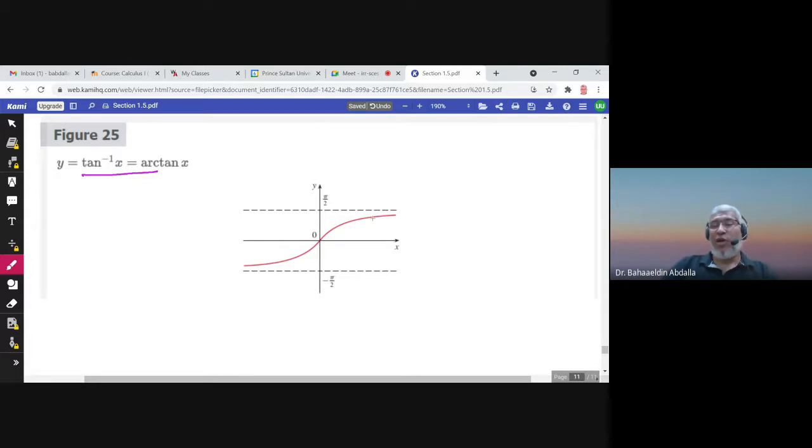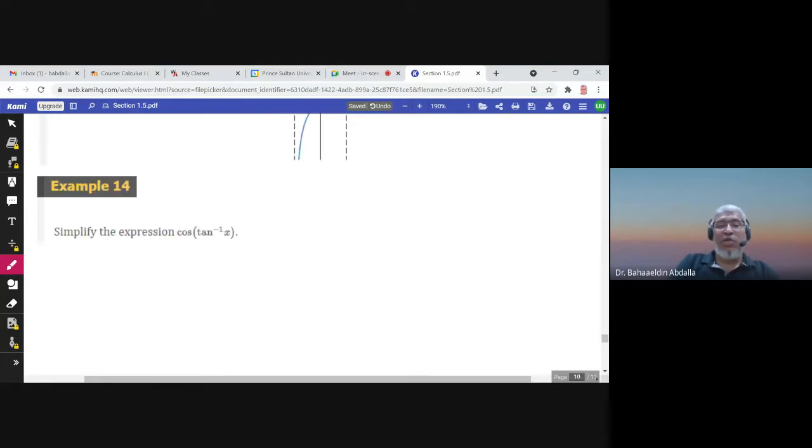Notice that the line y equals pi/2 is a horizontal asymptote, and y equals -pi/2 is a horizontal asymptote. And we understand from this graph that tan inverse of x is always between -pi/2 and pi/2. So it will never be less than this or greater than that.